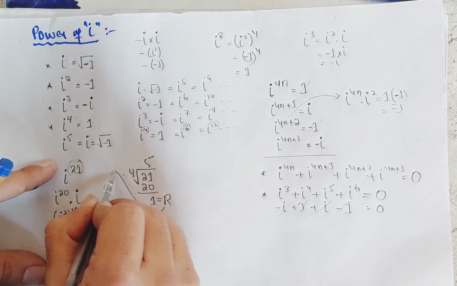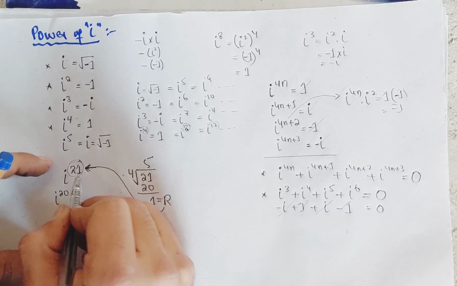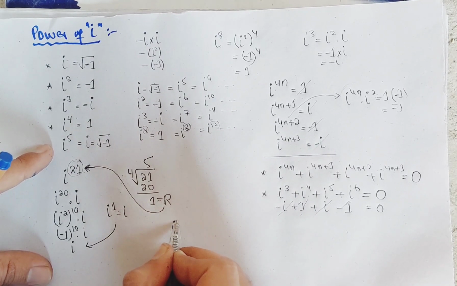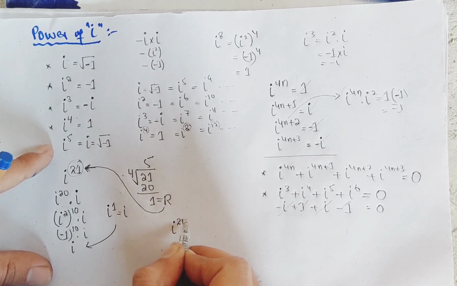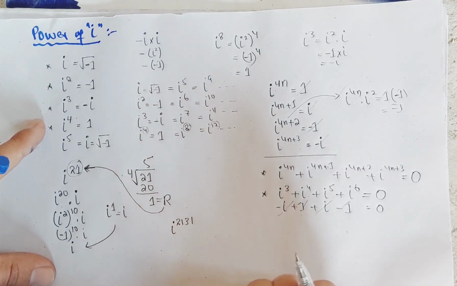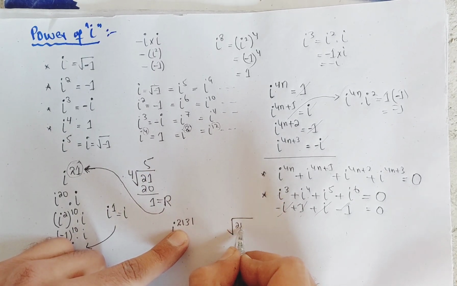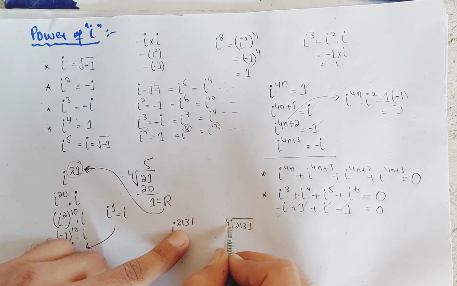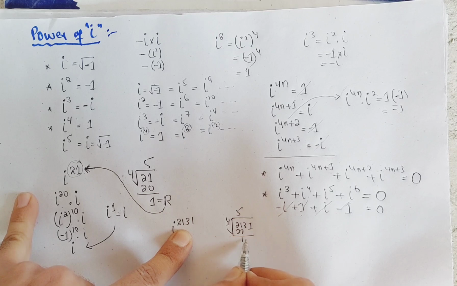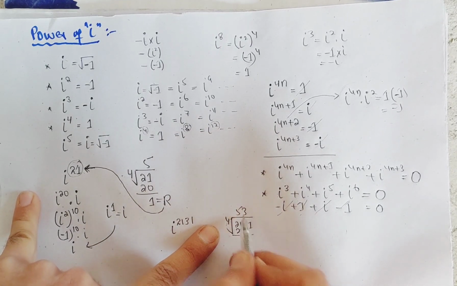For example, let me take one more example, iota power 31. So how can you do it? Just take this power और 4 पे divide कर. So 4 5s are 20, you subtract it, 11, then multiply 4 with 2, 8, and you will get 3.